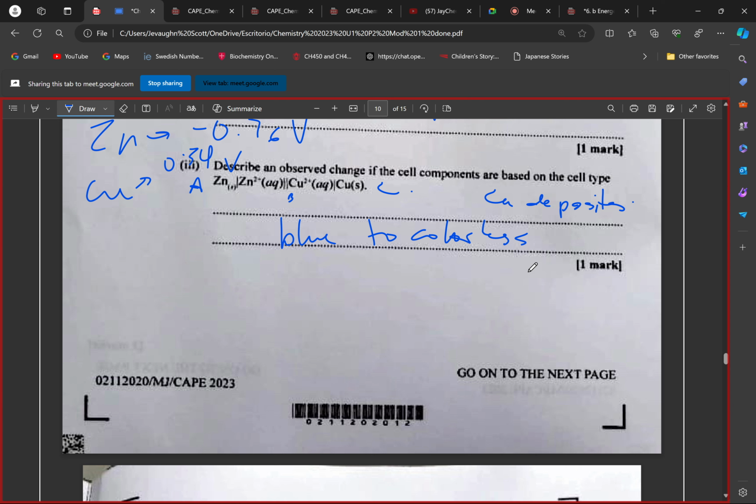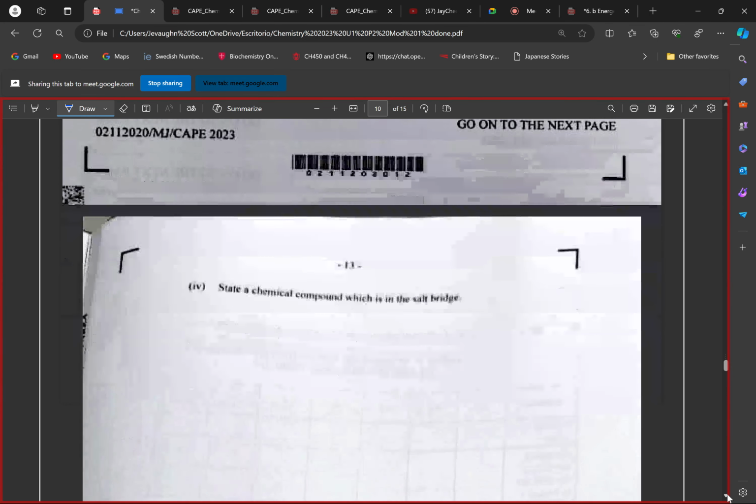I said red because copper is a reddish color. I didn't want it to seem like when it deposits it becomes a bright red. No, it's just going to be the same copper color.